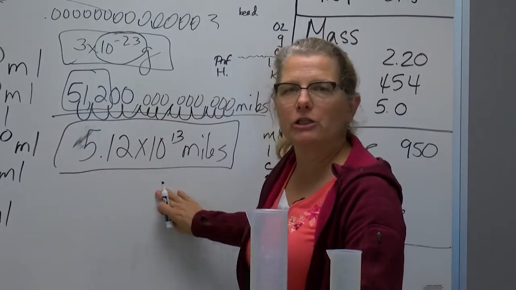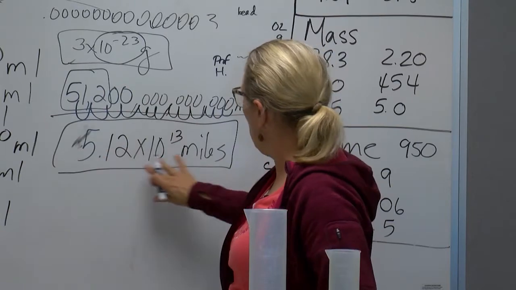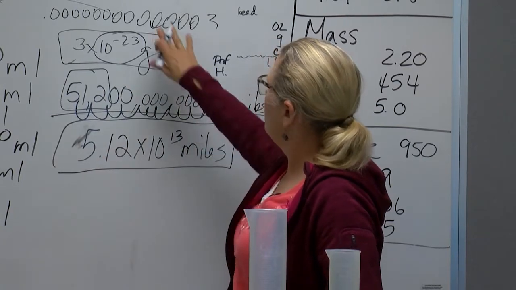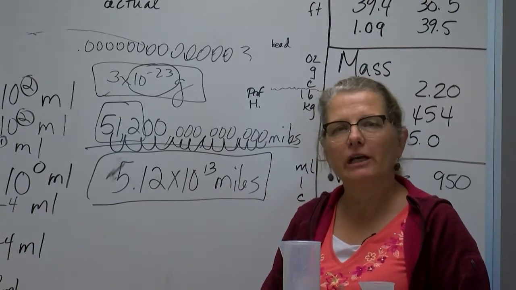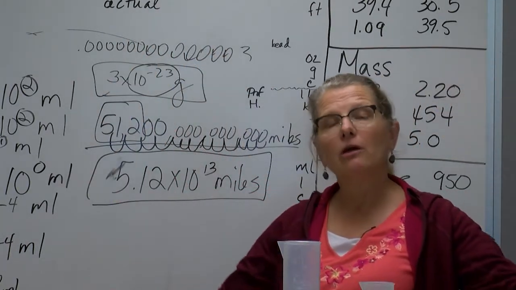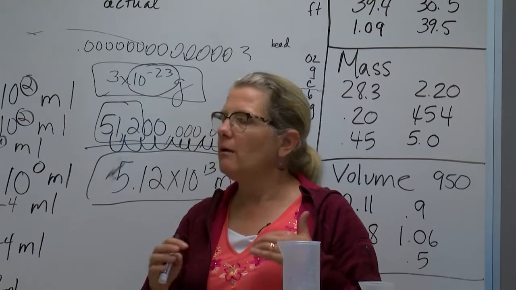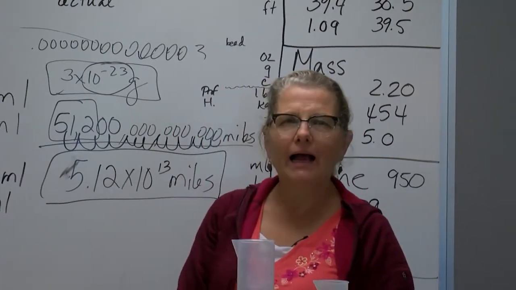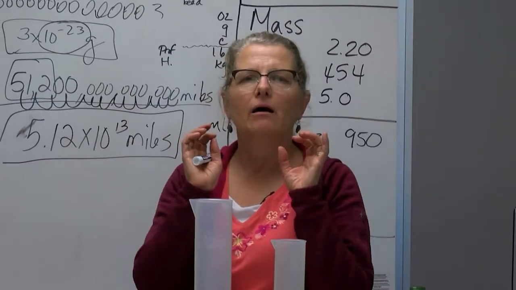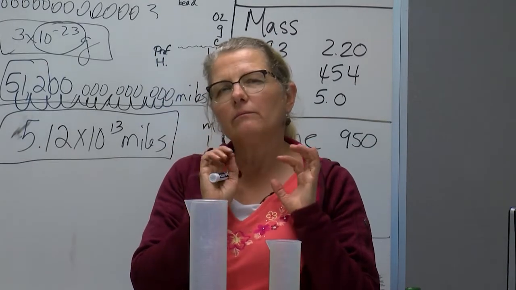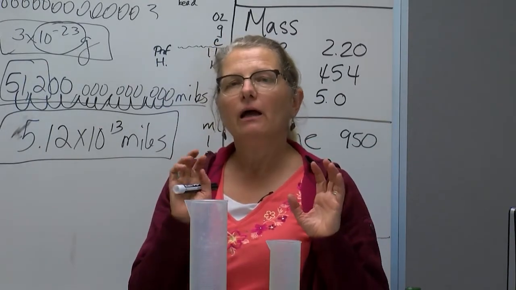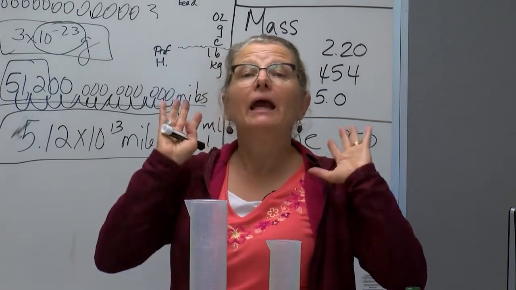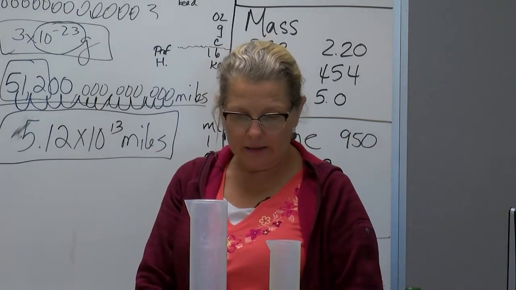What's easier to understand, this or this? Okay. So in science, we need scientific notation for these massive numbers, for these tiny numbers, because of the size, and there's a really neat little video in class that you'll see that shows just how big and how small things are in science.